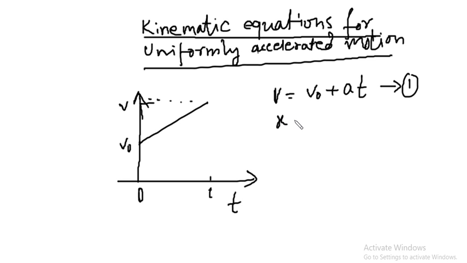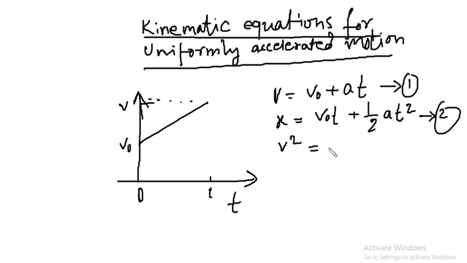The first one is x equal to v0t plus half a t square. This will be equation number 2, and another equation I'll show you is v square is equal to v0 square plus 2ax. This is number 3.